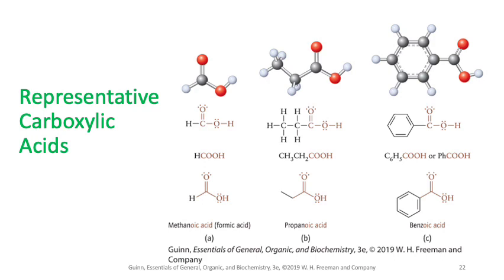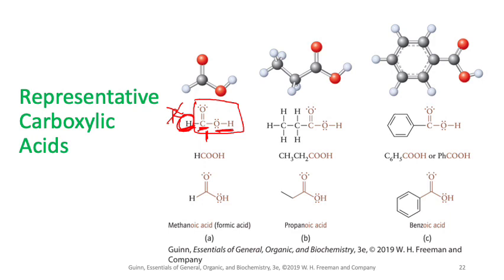So there are a couple of examples, let's talk about the carboxylic acid. The simplest carboxylic acid has the group C double bond O with an OH group. The simplest carboxylic acid doesn't have any R group, it has hydrogen. That's the simplest carboxylic acid, with a single carbon. How many carbons do you have there? One.